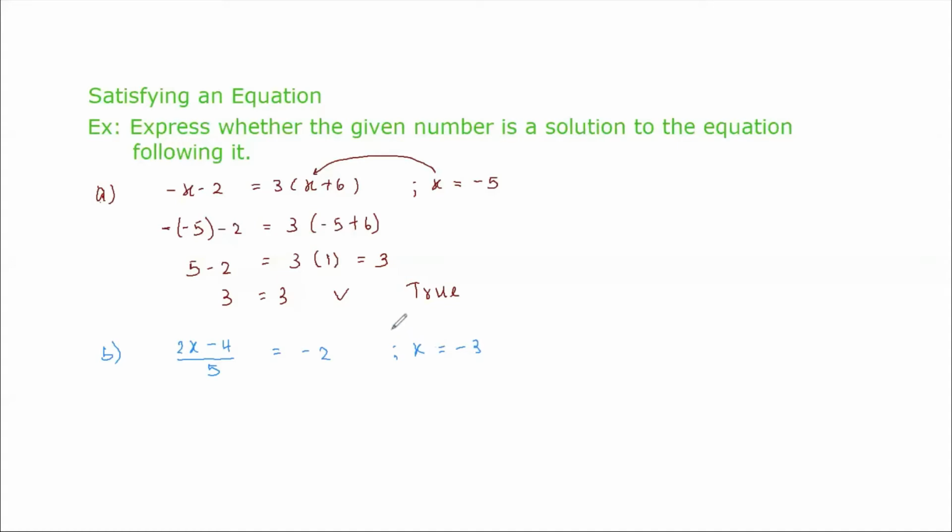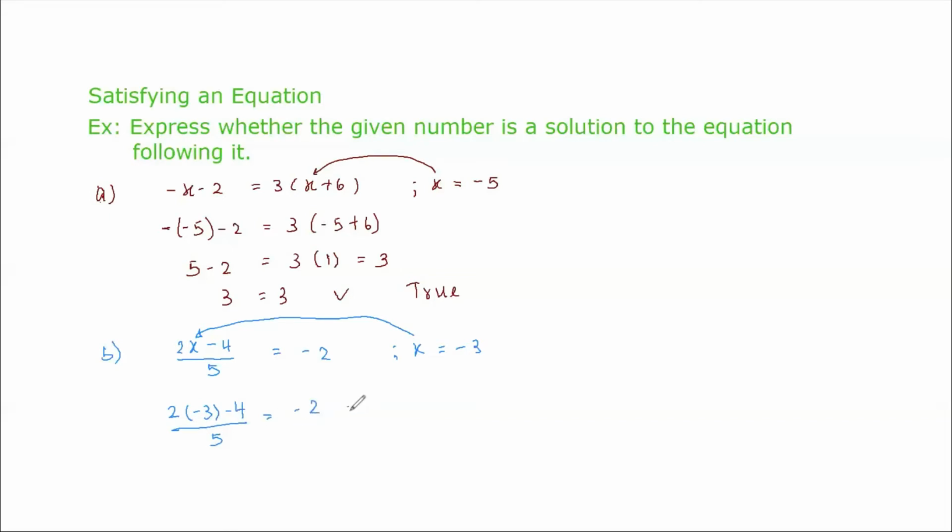Okay, now again you just replace the value of x equal to -3 in the equation. So we have 2 times -3 minus 4 over 5 equal to -2.